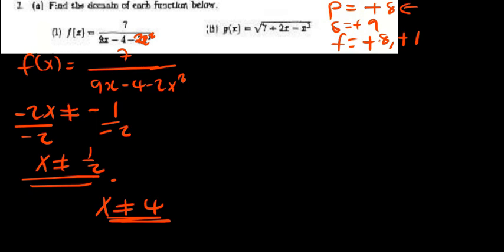So how are we going to represent our answer? That is important, guys. I want you to know. You can report the answer in two forms: set builder notation or interval notation. You choose which one to go with.